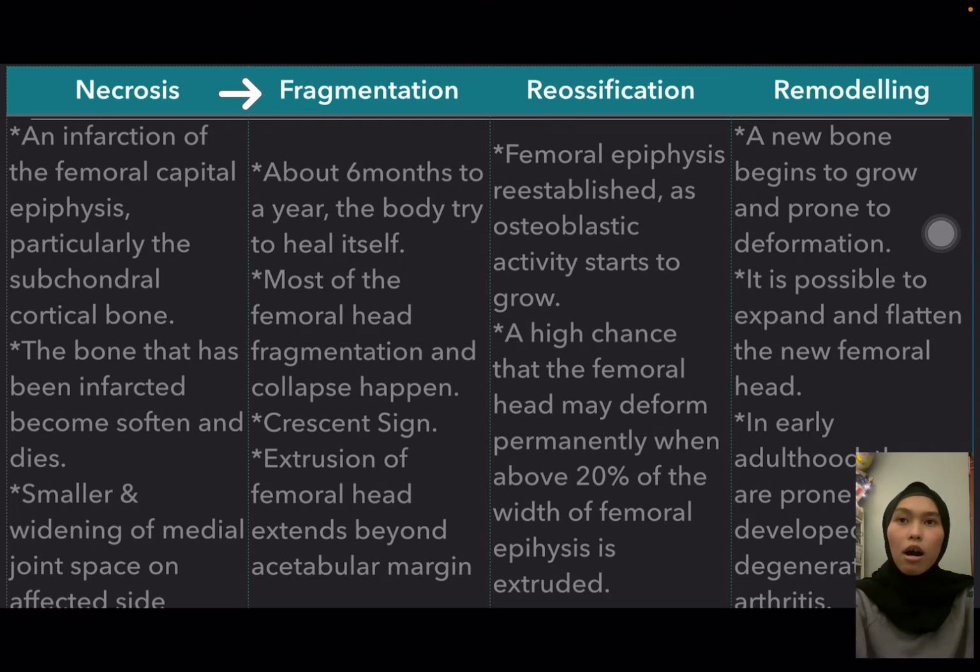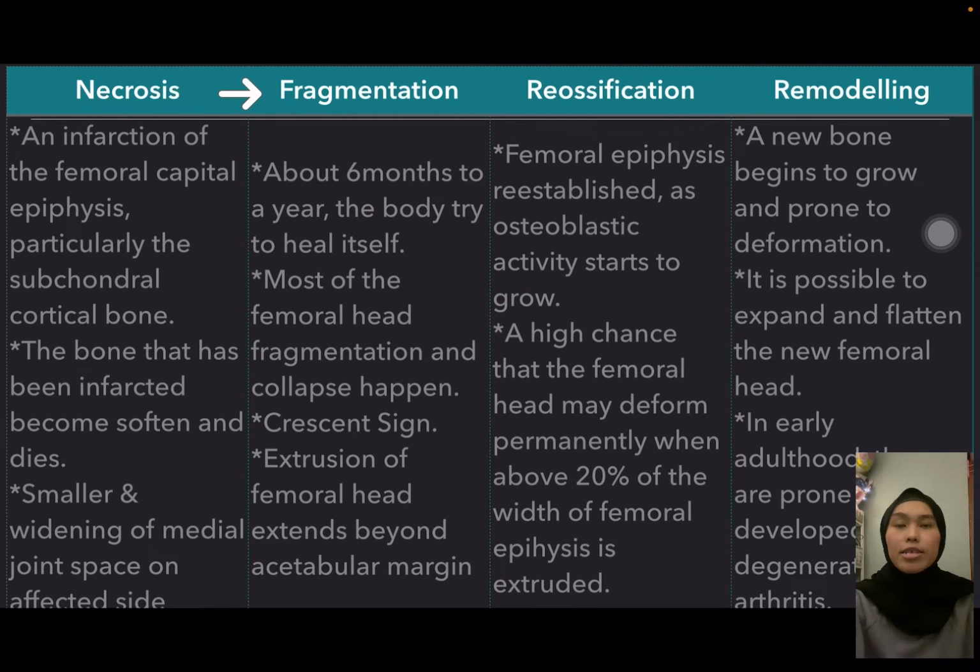In this stage the bone will be affected, become softened, and later it will die. Normally we can see the femoral head will be smaller, with widening of the medial joint space.